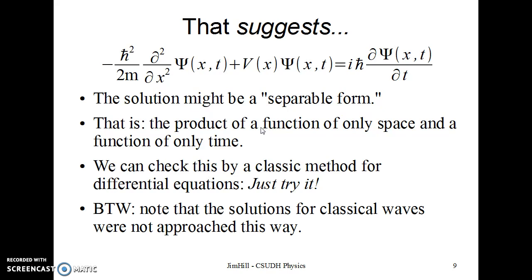I did want to note that we never approached the solutions for classical waves that way. We treated them quite differently, and in fact we never put, at least in the way we do the courses in order, in the intro versions, we never put a potential in for classical waves. So this is kind of different from stuff you've seen before, even though it's still just wave equations.